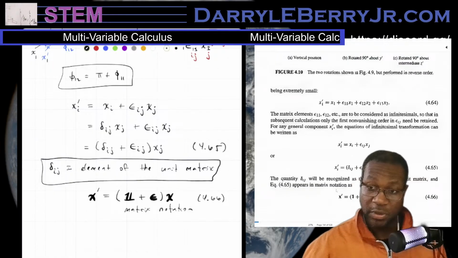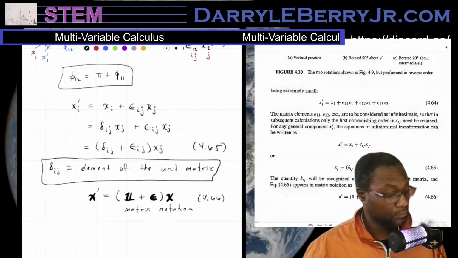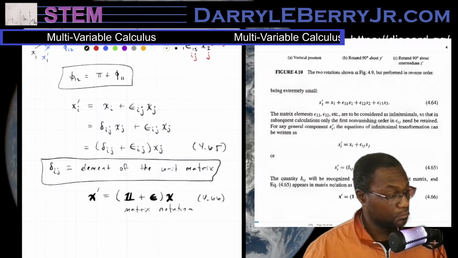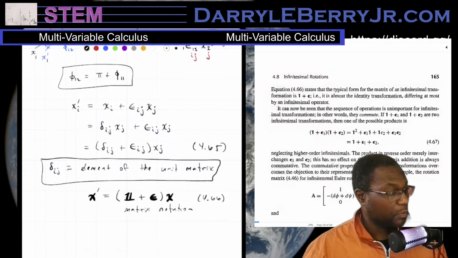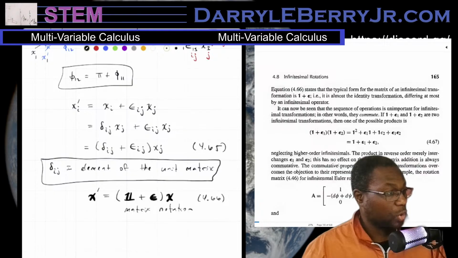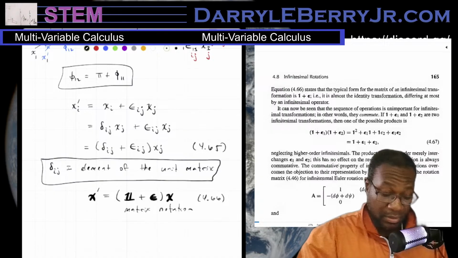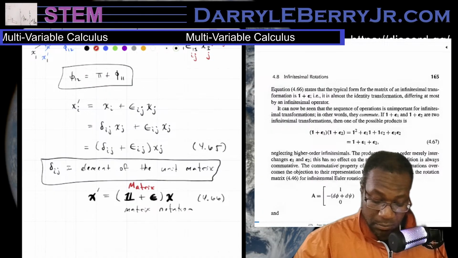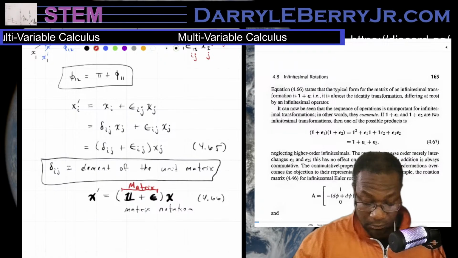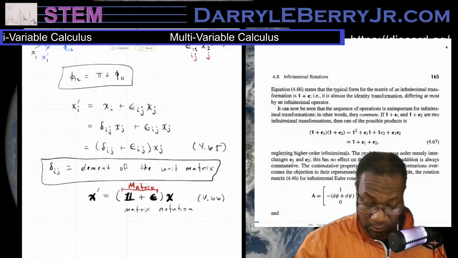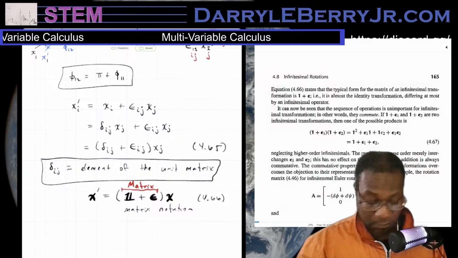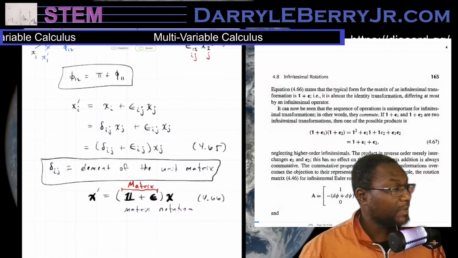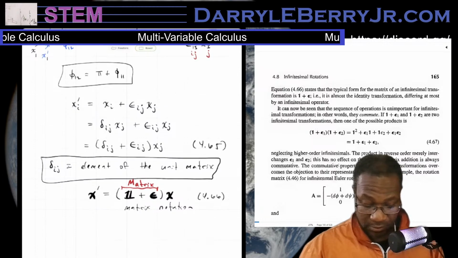It's interesting. Equation 4.66 states that the typical form of the matrix of an infinitesimal transformation is 1 plus e, i.e., it is almost the identity transformation, differing at most by an infinitesimal operator.